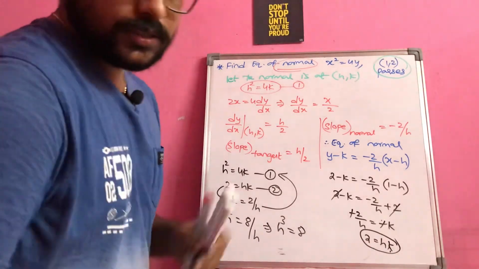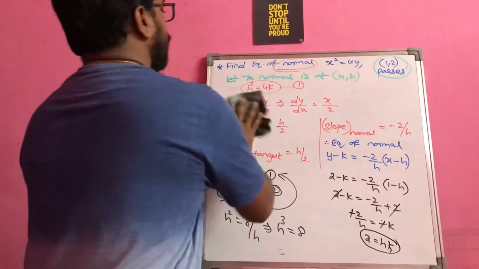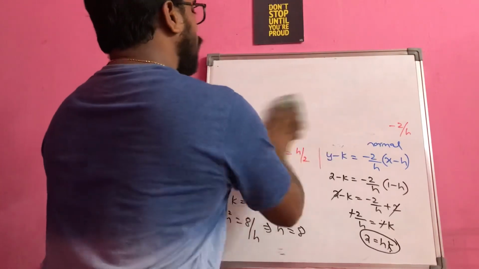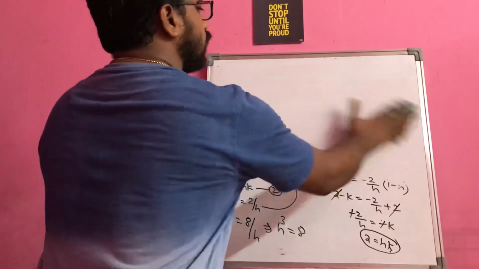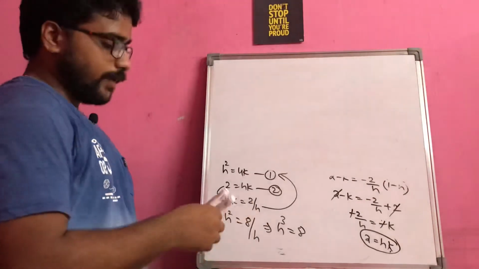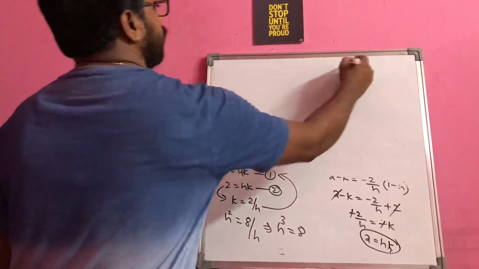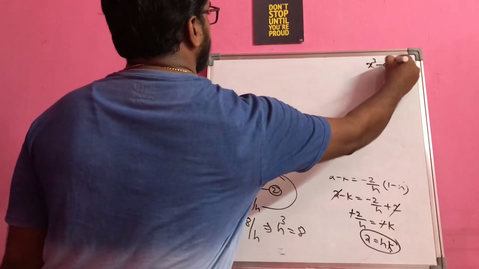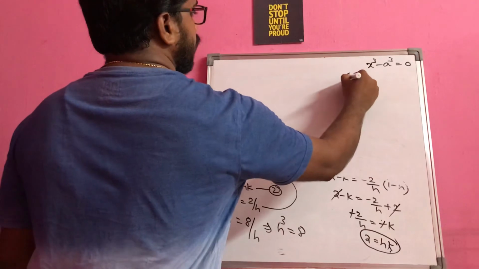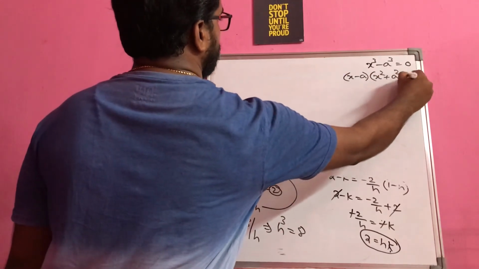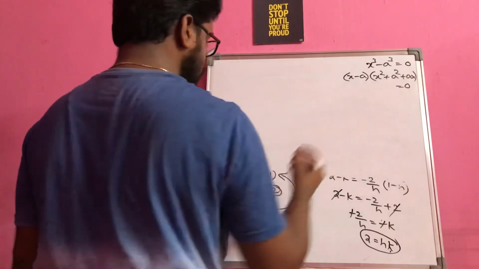Now this is another important basic point here. Try to understand this one. You are getting h cube is equal to 8. Are you going to get plus or minus, or only plus? This question comes up every time. It's very simple. Whenever cubic polynomials are involved, if you have something like x cube minus a cube is equal to 0, then you can write this as (x minus a)(x square plus a square plus ax) is equal to 0.